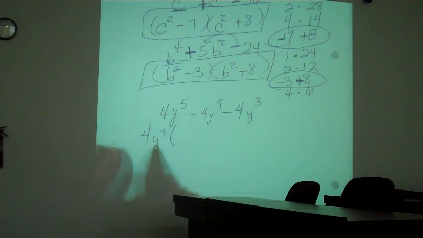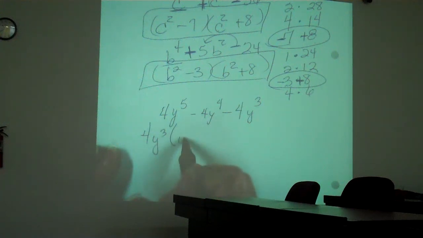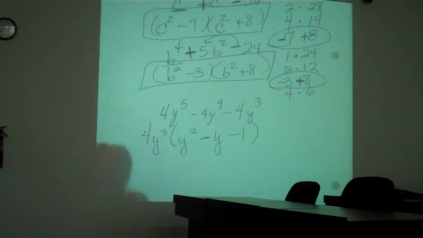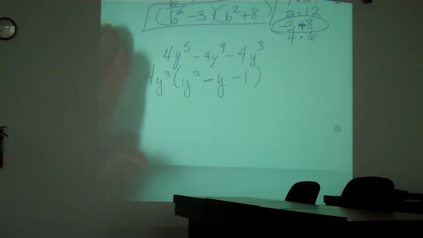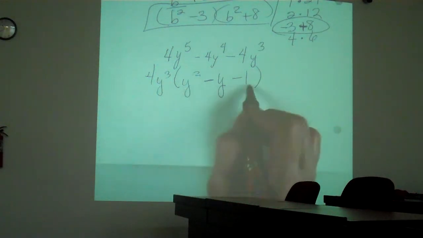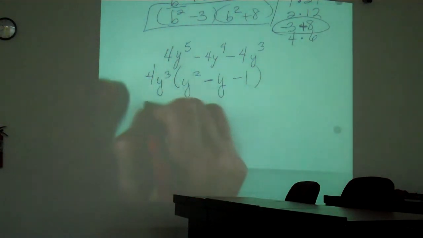Now this one, first term, y squared, minus y, minus 1. Okay, after you factor out that greatest common factor, you still need to factor this part right here.